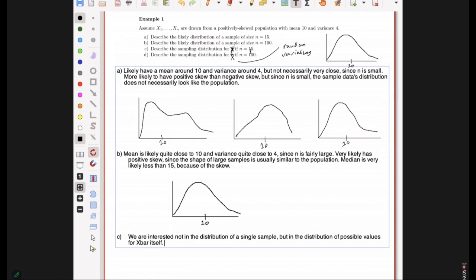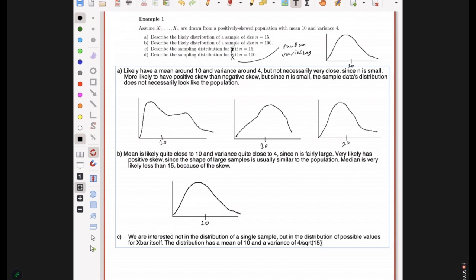The distribution will have a mean of 10, and a variance of 4 divided by the square root of 15.